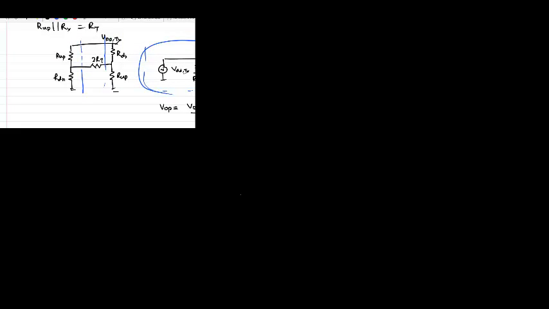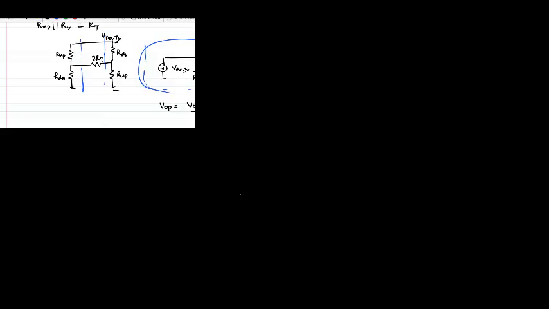RT divided. Where did you say is wrong? R down by R down plus R up, right? That's what I have written here. So this is R down and this one is R up.